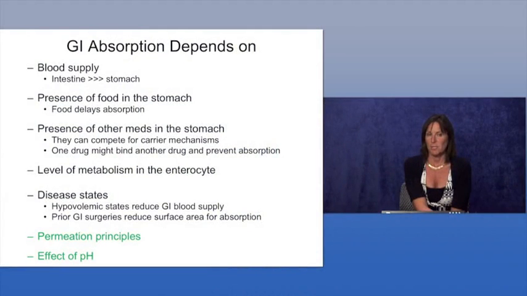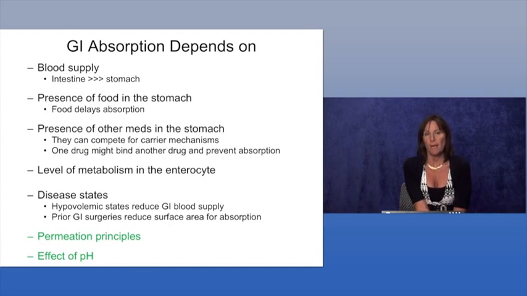A third concept is the presence of other medications in the stomach. Now, why should this be important? Well, two reasons. One is, two medications could actually compete for the same carrier mechanism that is required to bring the drug from the lumen of the stomach across the endothelial cell lining the GI tract and into the portal vein.